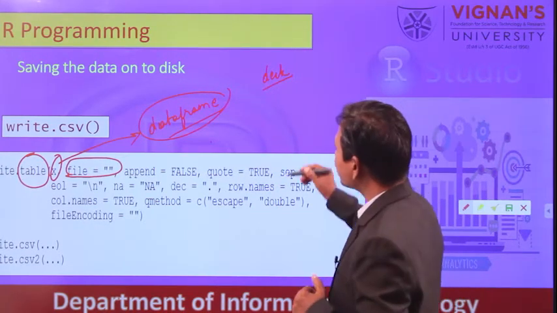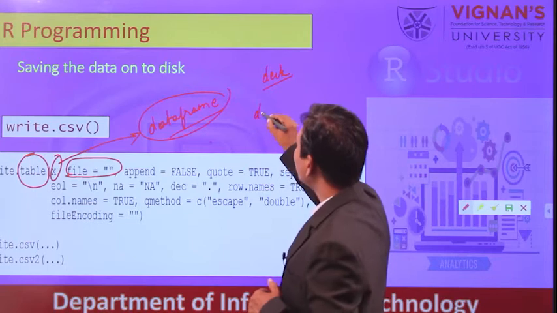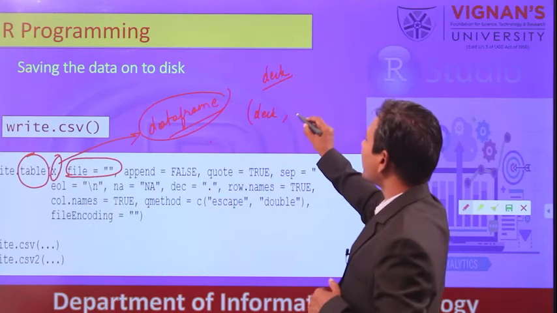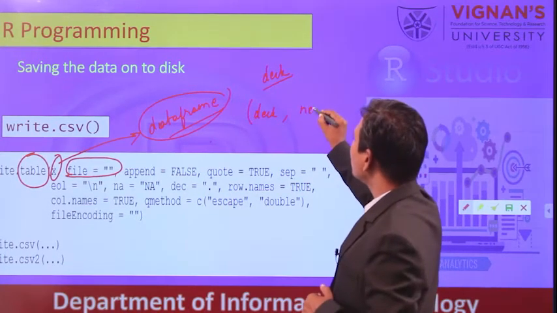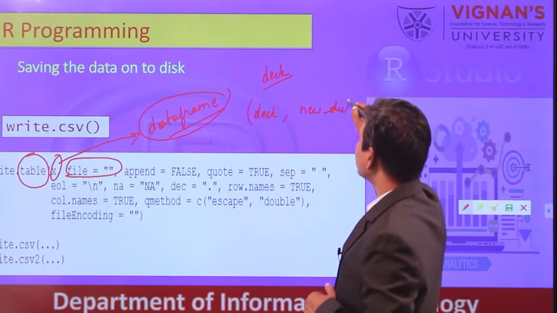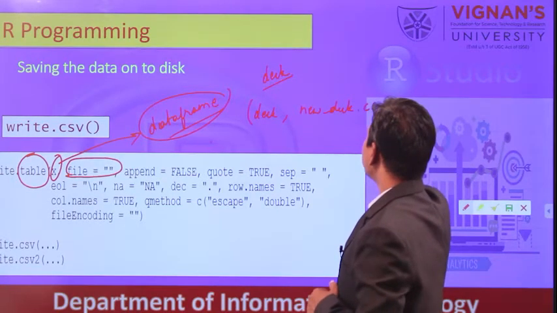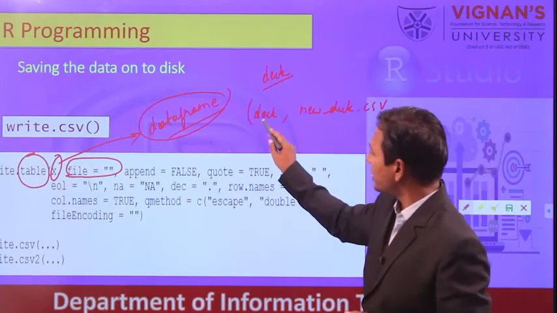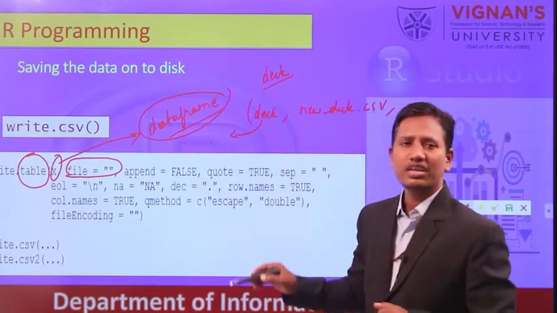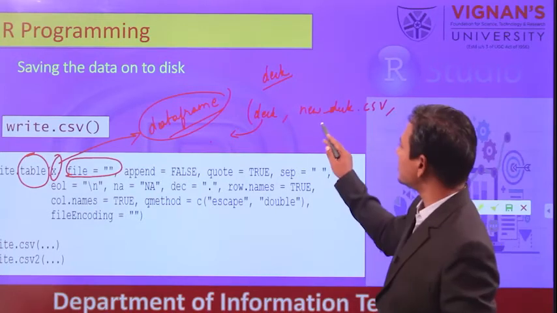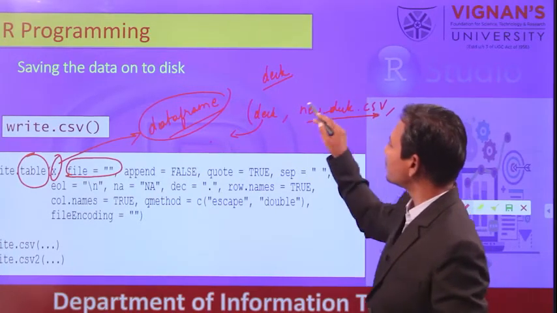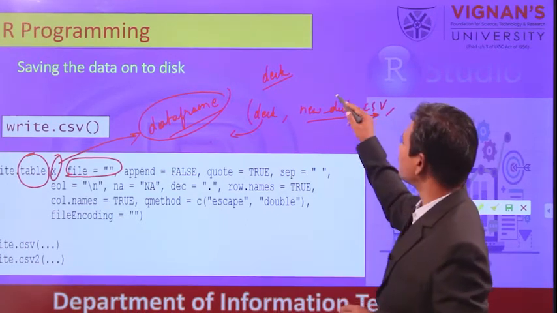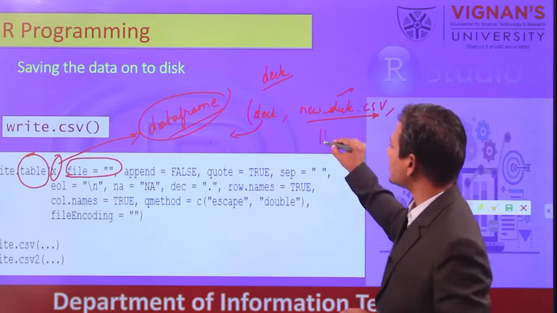In this situation, we are going to pass deck to this function. Then the file name we give as new_deck.csv, the modified one. So this deck is a data frame which is present in RStudio, and this is the new name we are giving to this modified deck, and new_deck.csv is going to be stored on the hard disk.